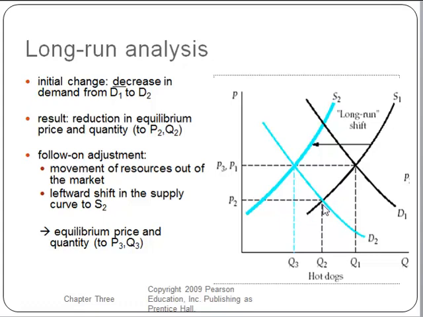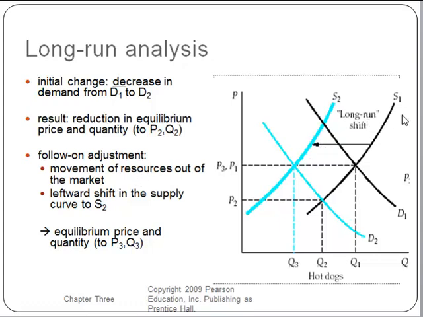But in the long run, there will be the following adjustment. Because both price and quantity demanded fall, the firms are going to move some resources out of the market. They will cut back production.